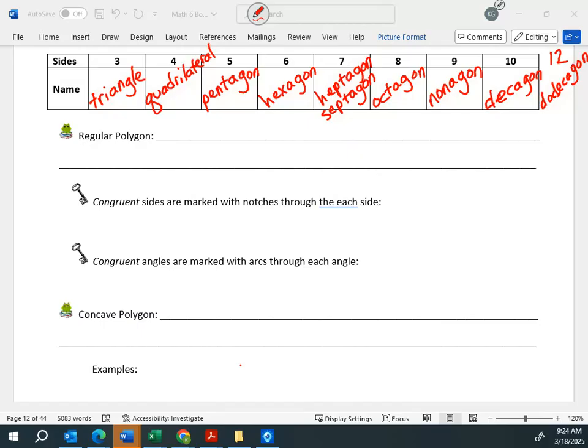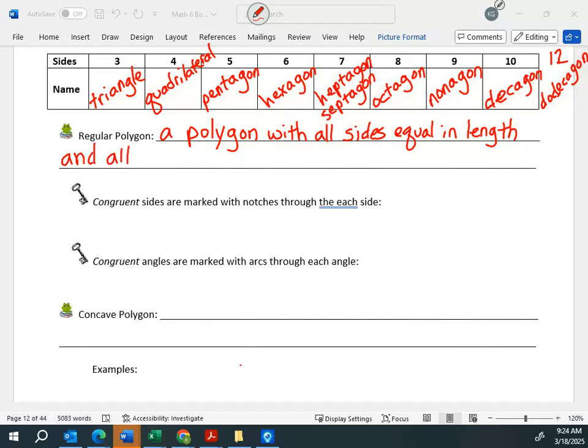So a regular polygon is a polygon with all sides equal in length and all angles equal in measure.